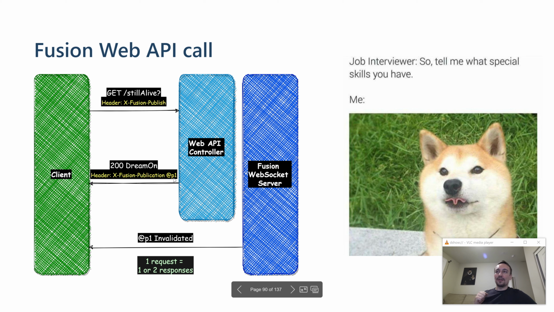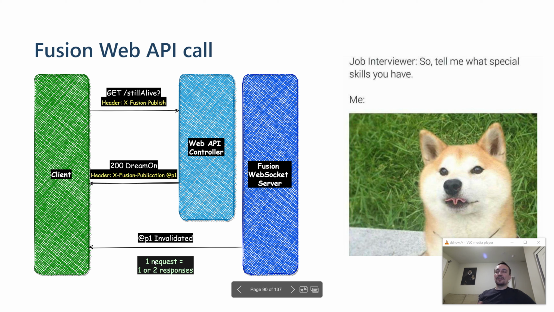Publish means it will basically track its invalidation, and when invalidation happens, it will deliver a message to your client via WebSocket channel that this value was invalidated.